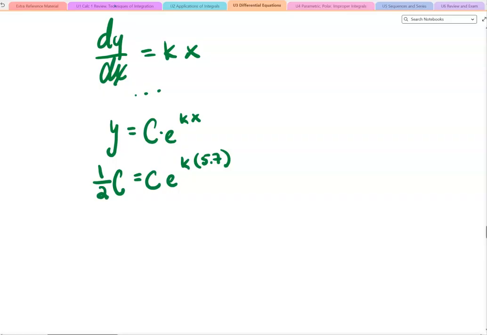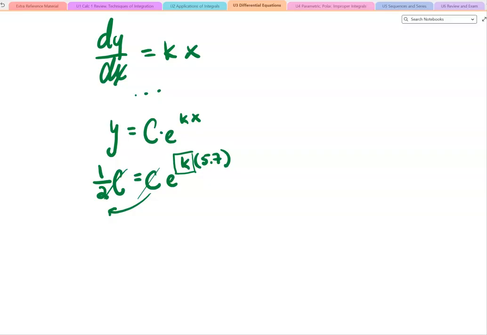Now think about this. When we're solving for k, the rate of decay per 1,000 years, this tells us how much is left after 5.7 thousand years, half of it, but how much is going missing after 1,000 years, that's what the k value is going to describe. One of the first things we're going to have to do is divide both sides by c, and then immediately the c values cancel.